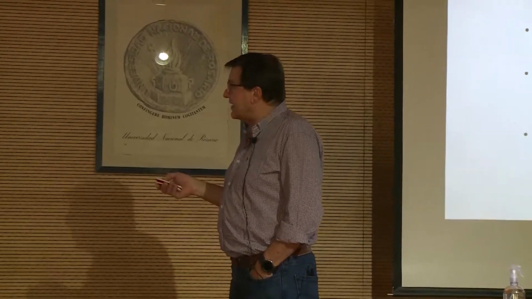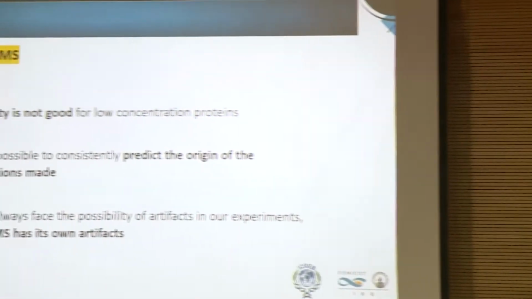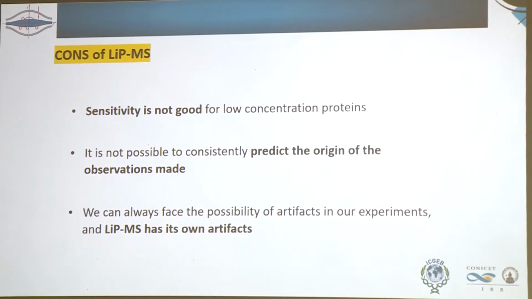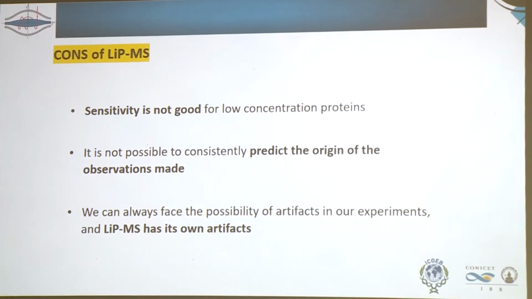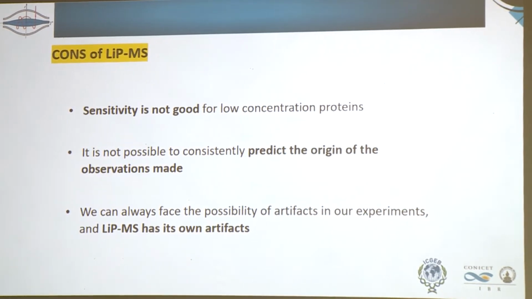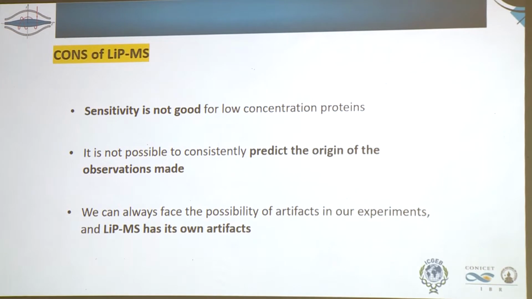sometimes you may not see signals for a protein that may be relevant. Sometimes you can't predict the origin of the observation made. Maybe you are pointing to some effect that is not a physiological effect, or you don't know the origin of a change. You see the change, but then maybe you don't have the data to explain it.